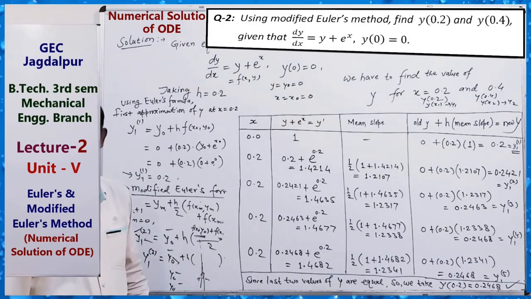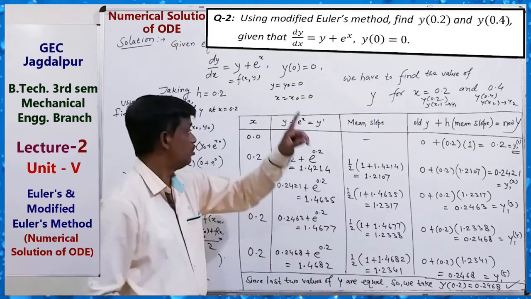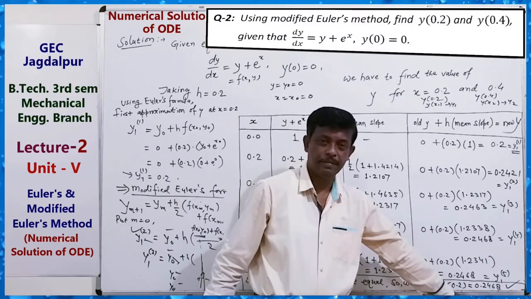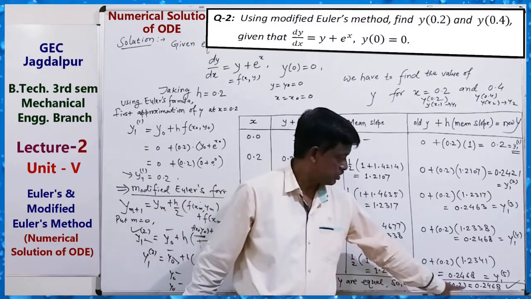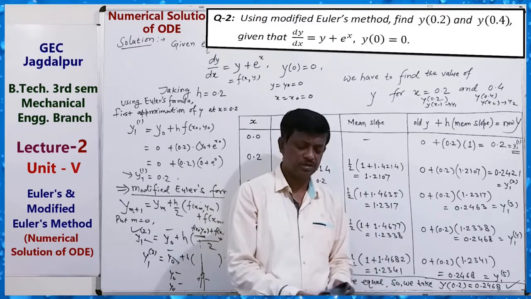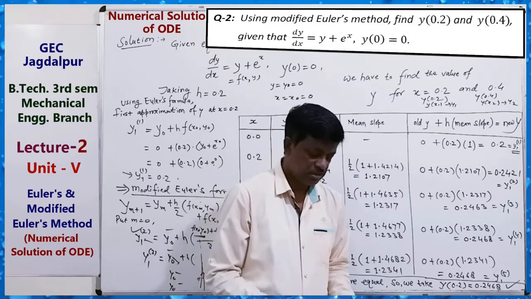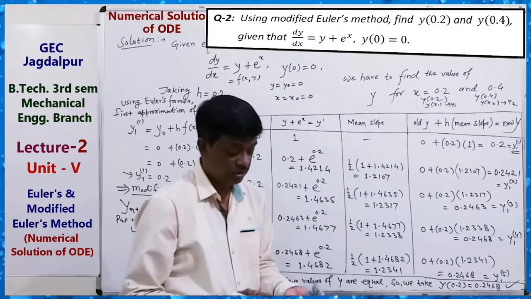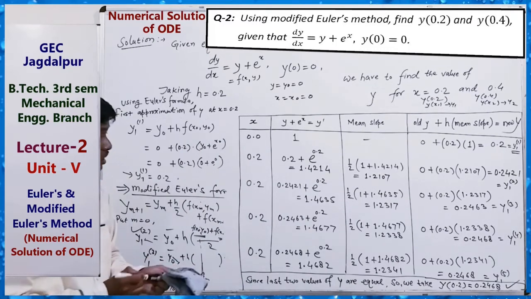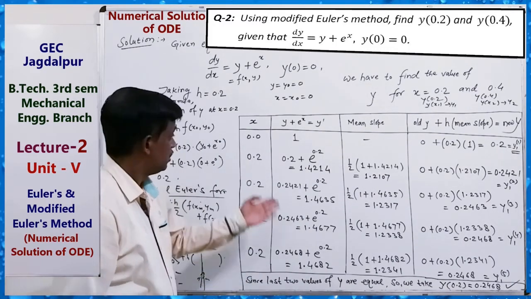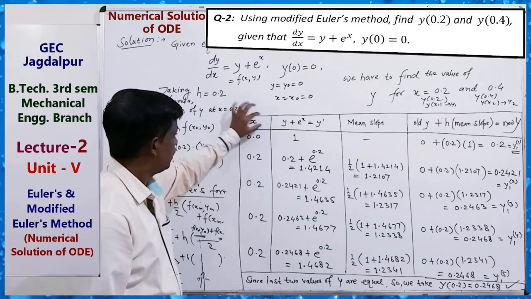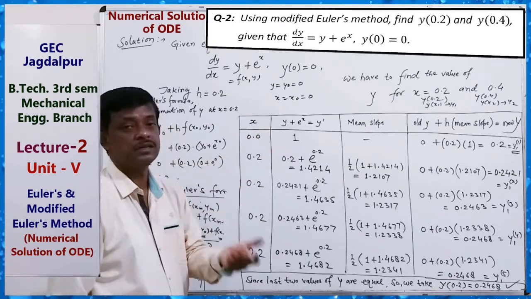Okay, this is for the first interval. Same you have to do for the next interval. For the next interval, the first value of y will be this value. Clear? So the first approximation is this, and now further calculation is very similar to this. Just here, the first value of y, because in the first stage we take the first value of y as 0.